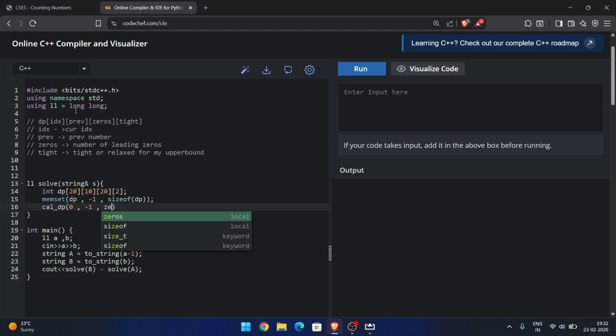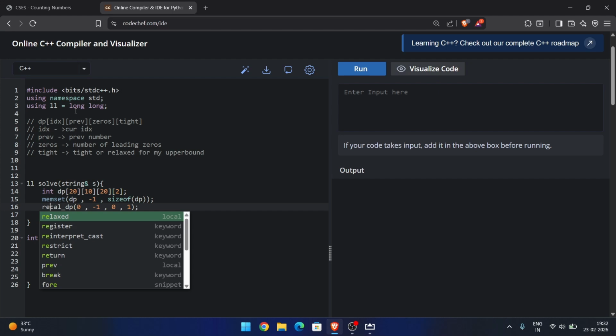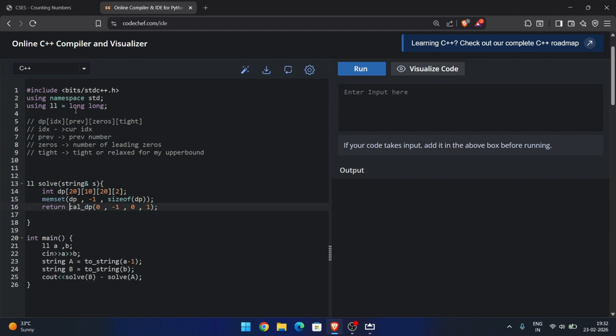Okay, so leading zeros are 0 and tight is 1, and we would return this one. Okay, so what are the values we have to pass along with this? One is the s, and the second one is the DP. Okay, so this would do. You can also pass n with it.